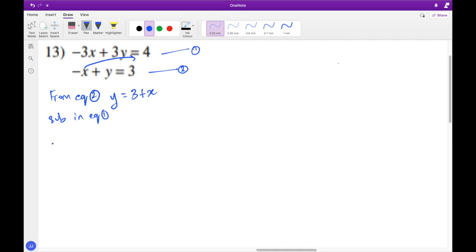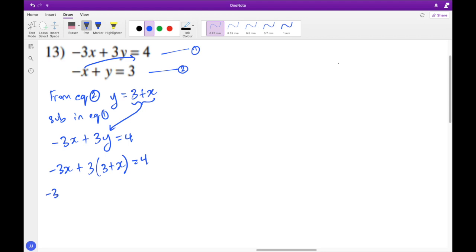So equation 1 being negative 3x plus 3y equals 4. Remember, y is this. So wherever I see y, I will put that. Negative 3x plus 3 times (3 plus x), and that equals 4.